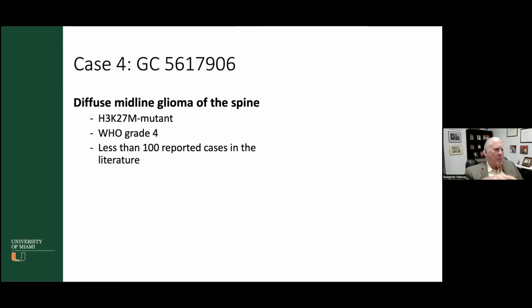Just to follow up, we actually discussed this very topic a couple of weeks ago at morning conference: how differently pilocytic astrocytomas that look histologically identical behave if they are in some locations like the optic nerve or the cerebellum.